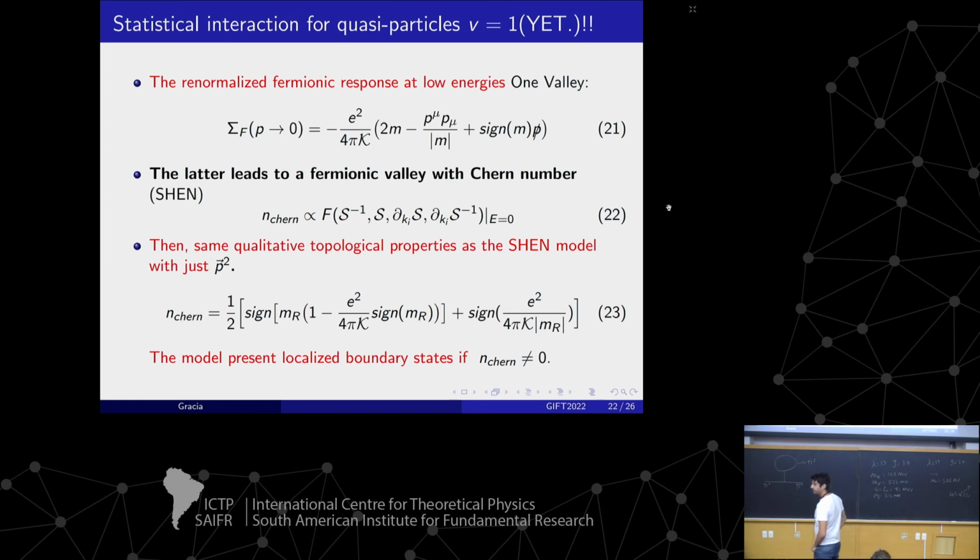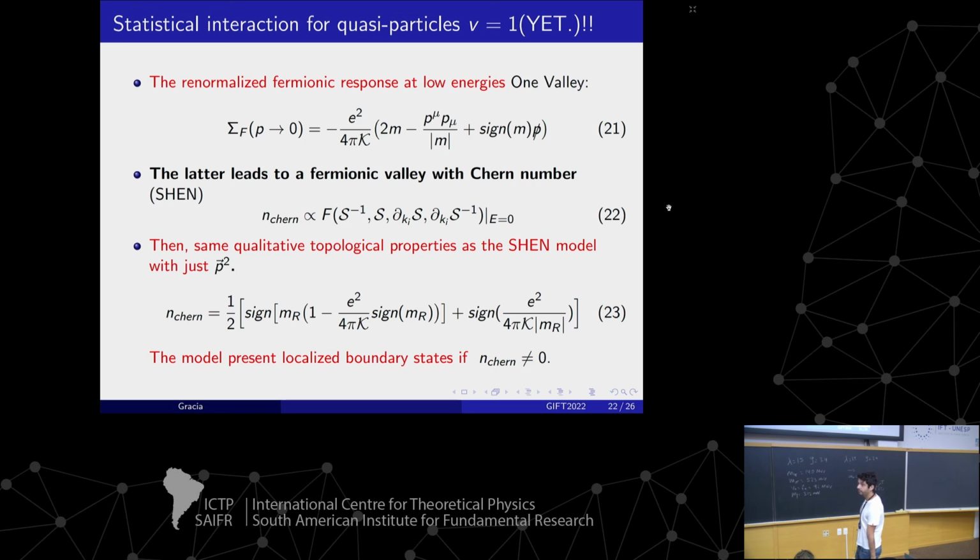What defines if you have a non-vanishing Chern number is some relation between the charge K and M? The non-vanishing Chern number is associated, I've forgotten the name of the reference, but it's associated to a functional of the fermionic response.